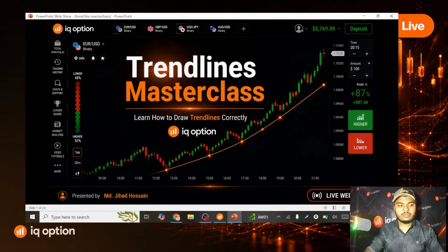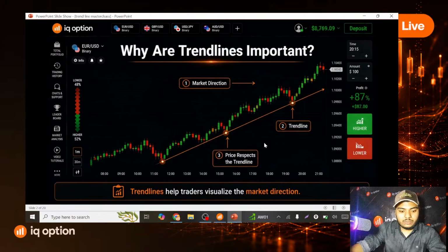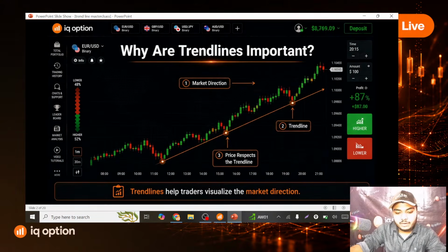So today's class is Trendline Masterclass. Before we learn how to draw a trend line, let's first understand why traders use it. As we can see on the chart here, the market doesn't move randomly. Price follows a direction by creating swings.